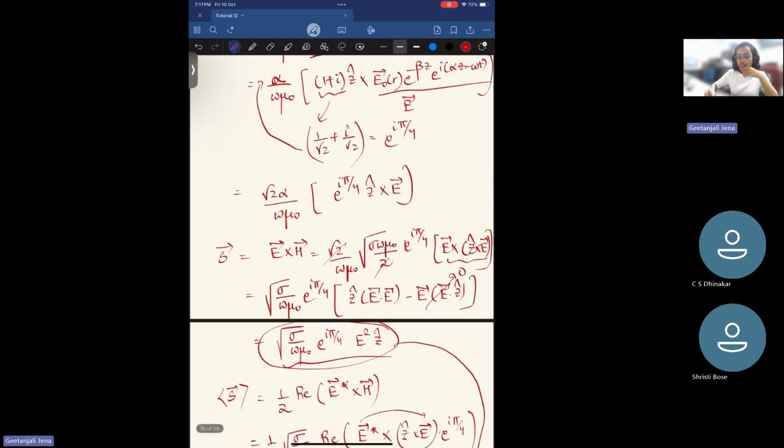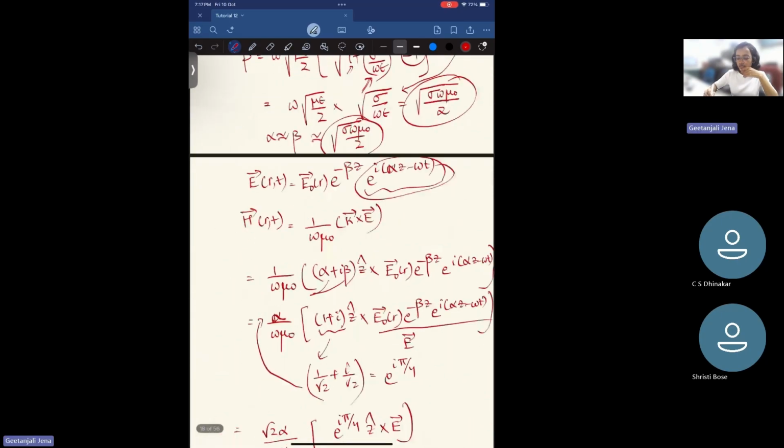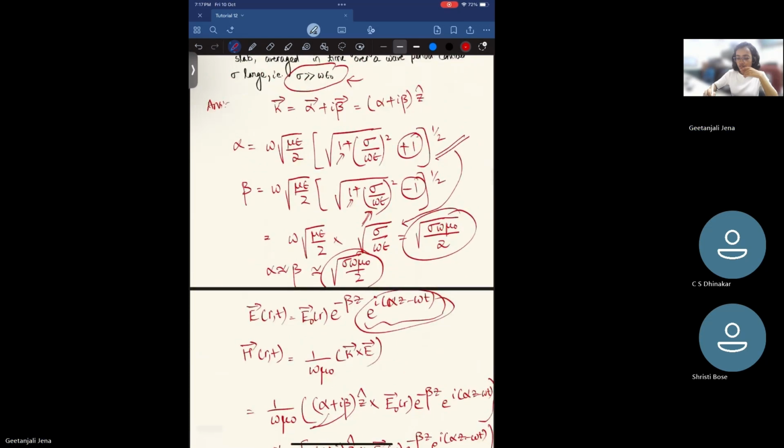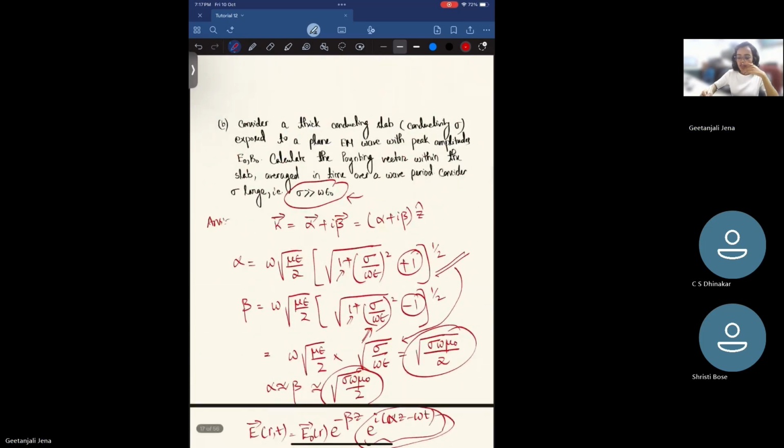Okay. So what I have done is, you know that for a conducting medium, the k will have a real part and an imaginary part. The real part, its physical significance, corresponds to the propagating wave vector. Whatever wave is propagating inside the medium corresponds to that propagation vector.